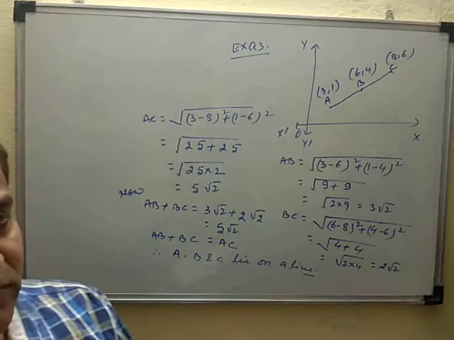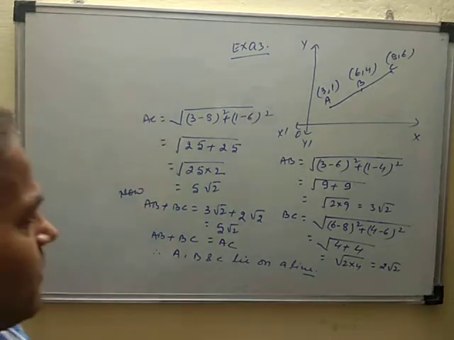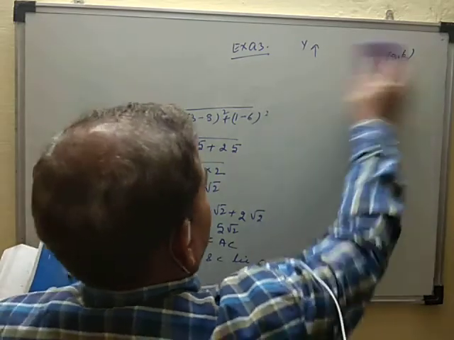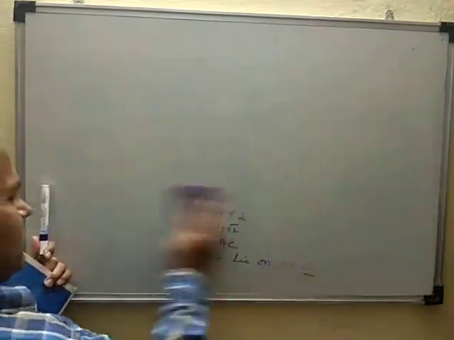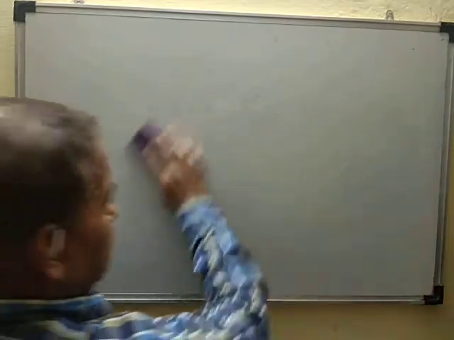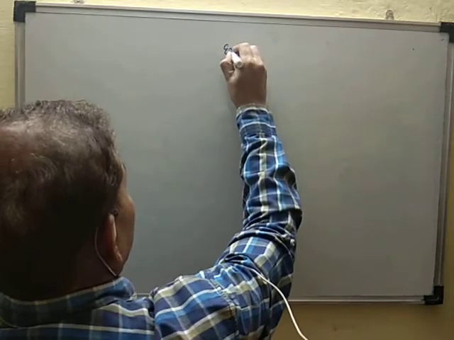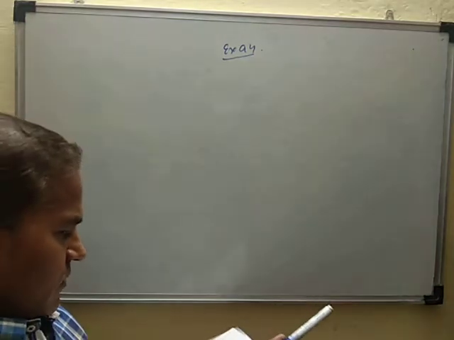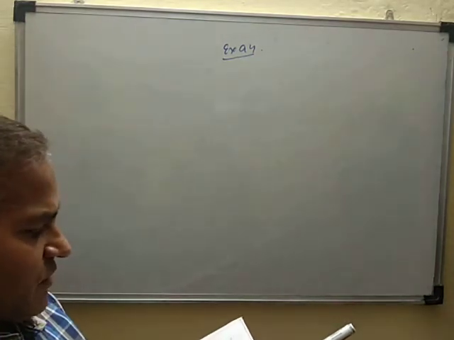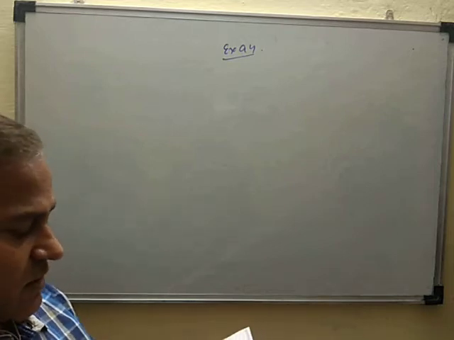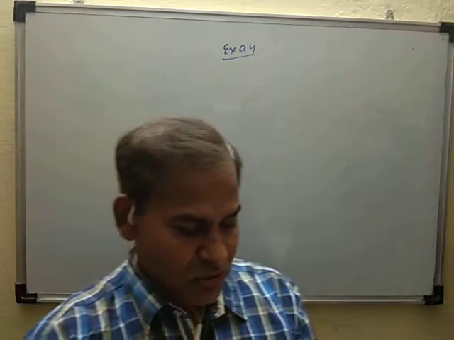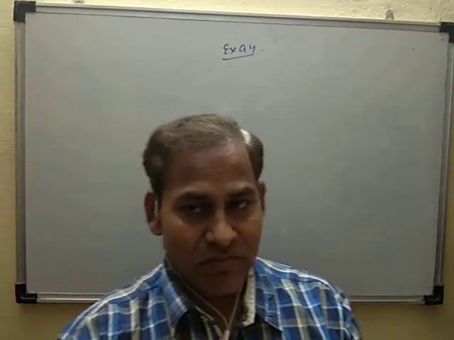Next example, example number 4th. Example number 4th. 4th is, find a relation between x and y such that point xy is equidistant from the given 2 point.